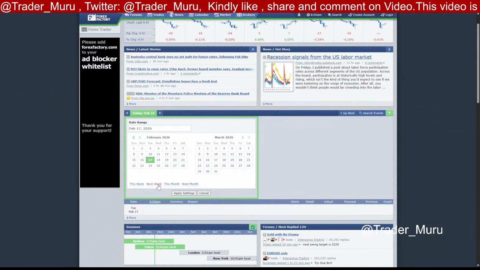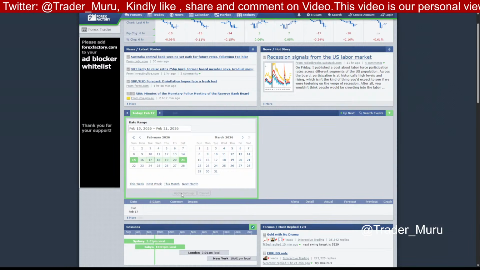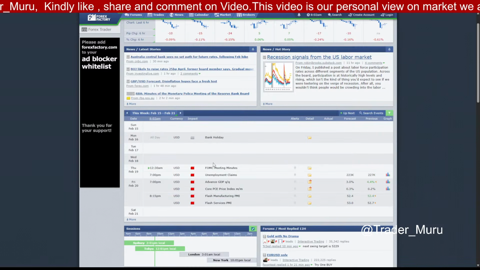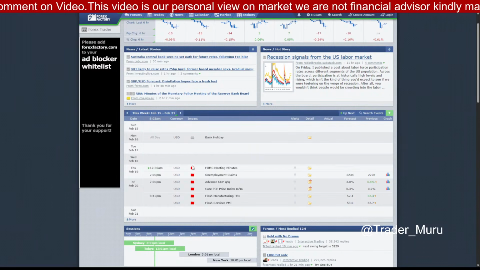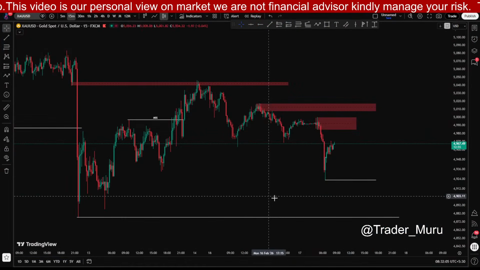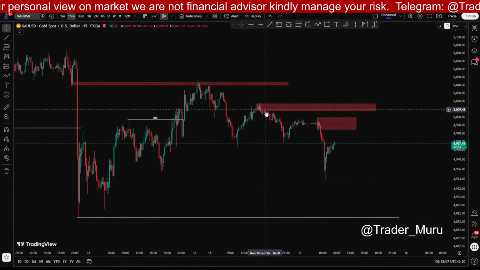Today we don't have any news, and only FOMC tomorrow, so price will be much rangy, just like this.